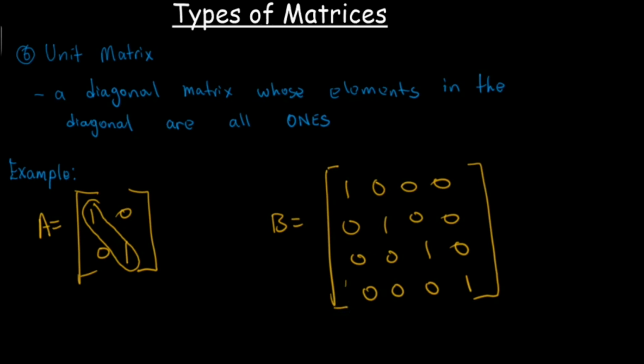Let's look at another example. We have this matrix B, and we realize that all of the elements in the leading diagonal are 1s, and every other element is 0. Therefore, this would be classified as a unit matrix. Remember, a unit matrix is a diagonal matrix whose elements in the diagonal are all ones.